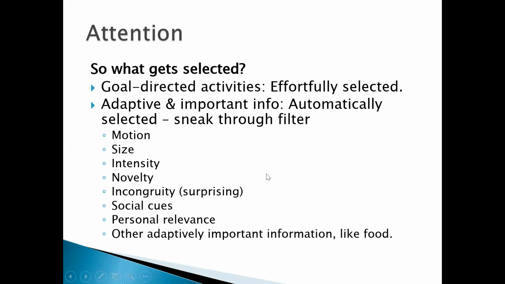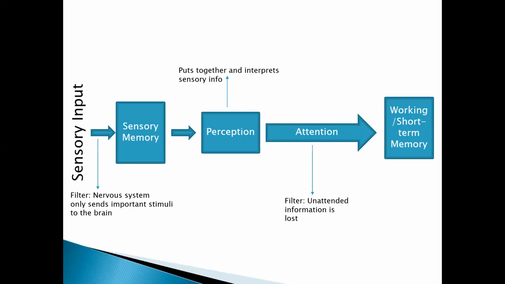So these are all the things that get selected. Some we select on purpose, and all this other information comes through the filter automatically because it's important for our survival and success. If not now, then it used to be when we were evolving, and that kind of still lingers in the way that our brains process information.